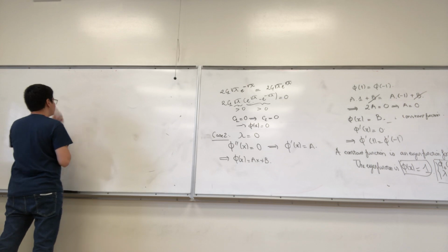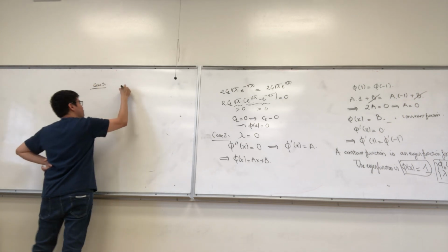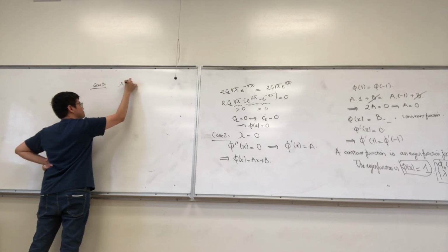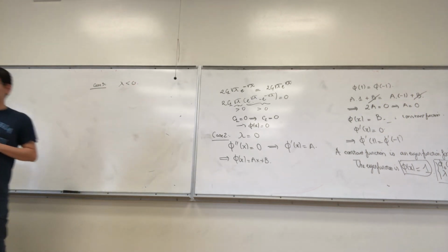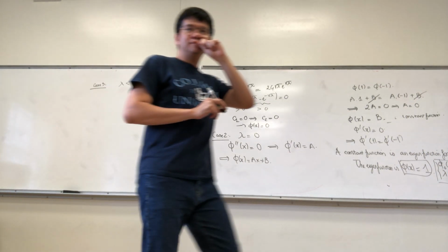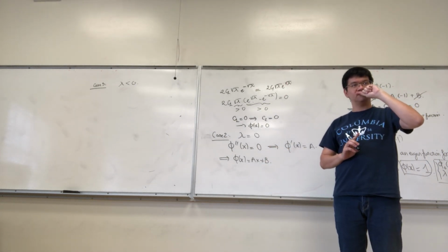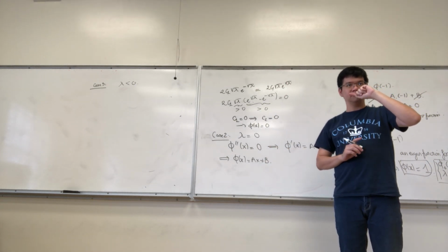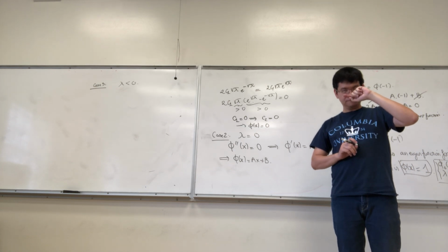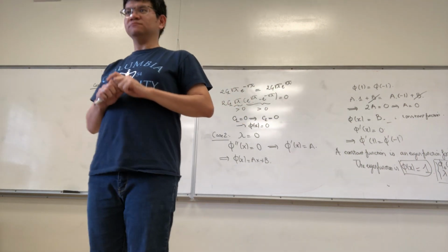So now case number 3. You have lambda negative. So what happens when lambda is negative? Yes? C1 cosine of square root of absolute value of lambda plus C2 sine of square root of absolute value of lambda.